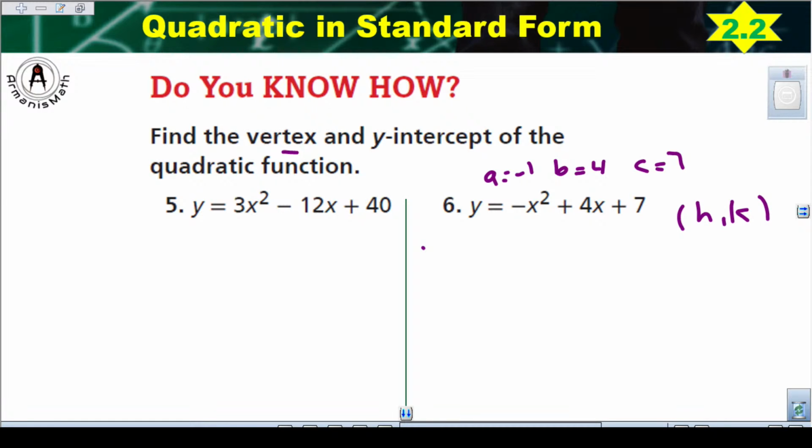I see David's trying to write something down. I need the H. How do you find the H? I need you to tell me if that's how you... How did you get that number, Giovanni? What was the formula that we used for H?